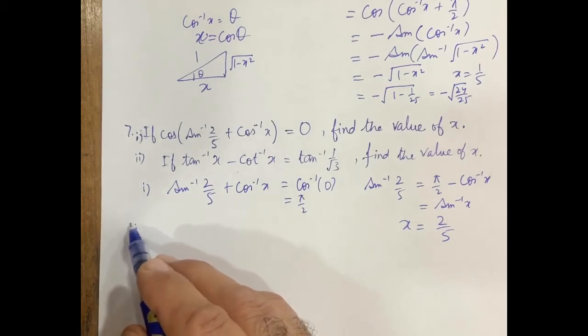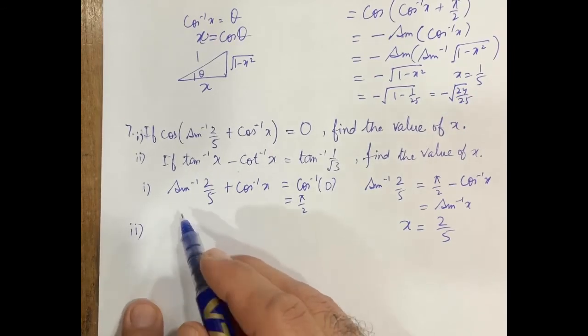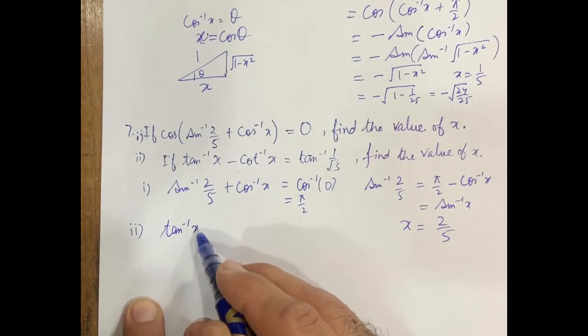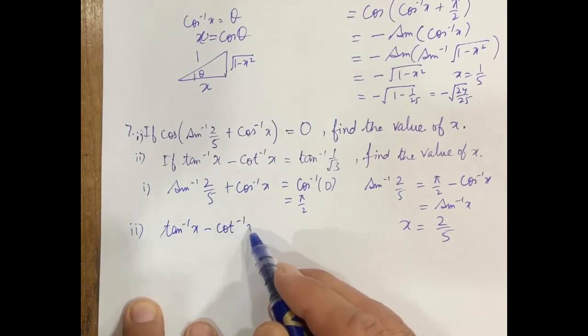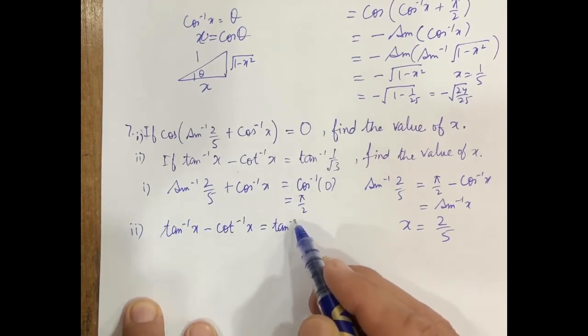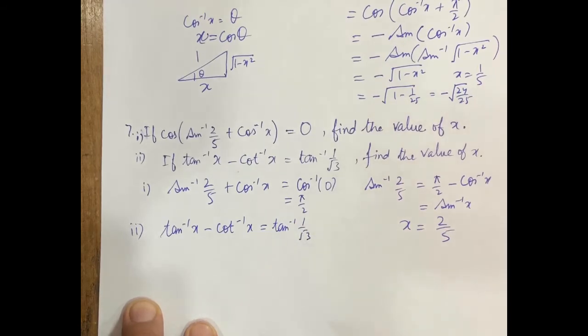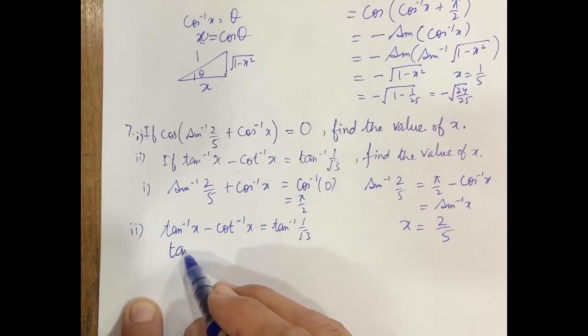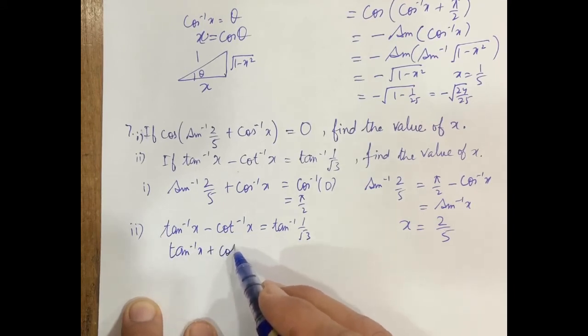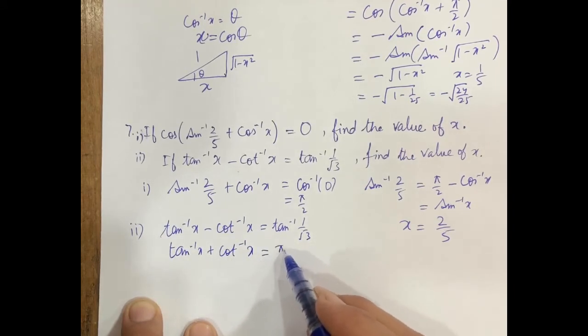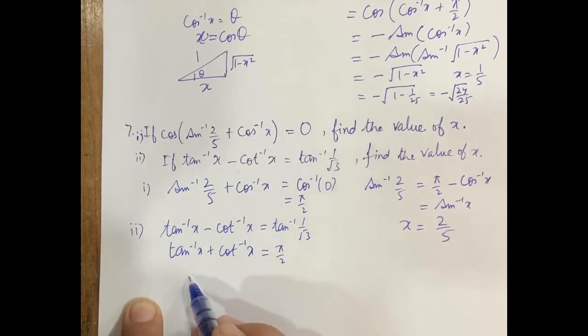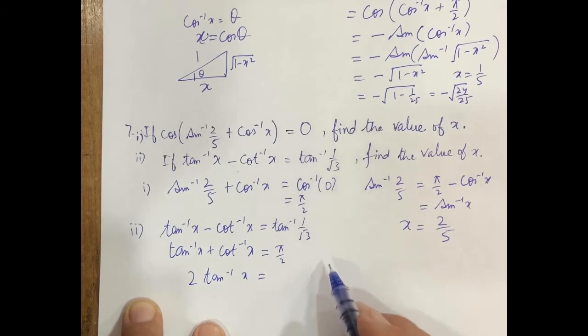The second part, we are given tan inverse of x minus cot inverse of x is tan inverse of 1 by root 3. We have to find the value of x. So we can use this identity, tan inverse of x plus cot inverse of x is pi by 2. Adding, we get 2 tan inverse of x as tan inverse of 1 by root 3, which is pi by 6, plus pi by 2.